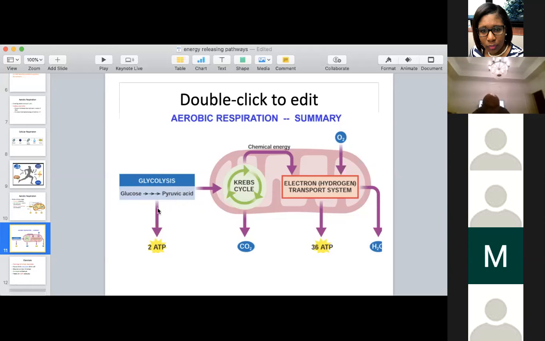And as a result of that first stage, we're going to get 2 molecules of ATP being produced. After the first step, glycolysis, 2 molecules of ATP are generated.